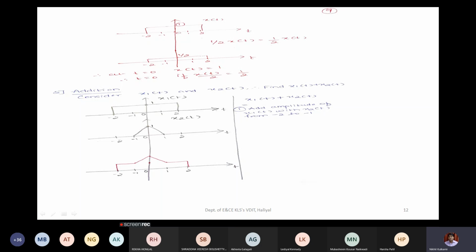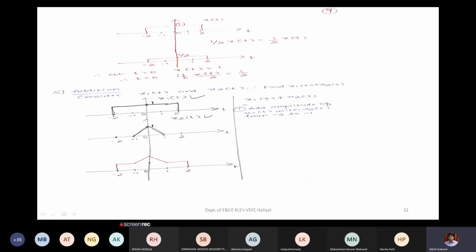Second operation, addition. For adding we require two signals, so consider x1 of t and x2 of t. x1 of t is defined from -2 to +2 with maximum amplitude 1, and x2 of t is a triangular pulse with maximum amplitude 1. So how to add these signals? Consider the timeline at -2.